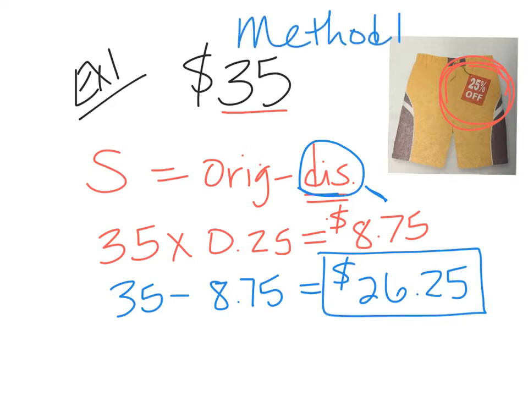This is method 1. There is a second method, so let me show you the second method. I prefer this method just so you're aware. There seems to be less mistakes, but just in case you like the other way, that's fine too. So method 2, first you're going to find the percent of the original price.